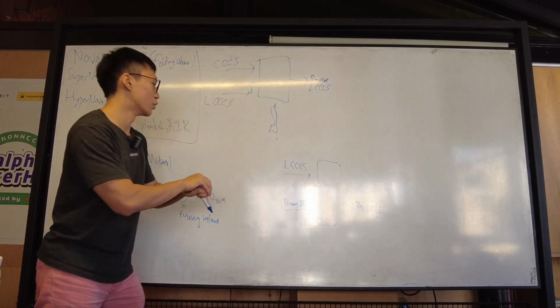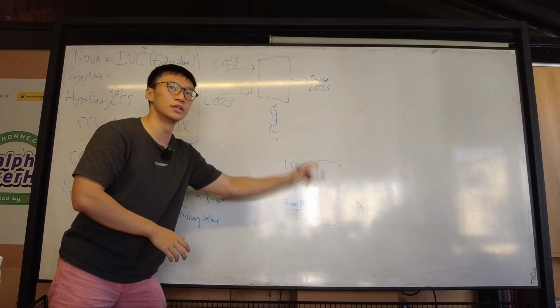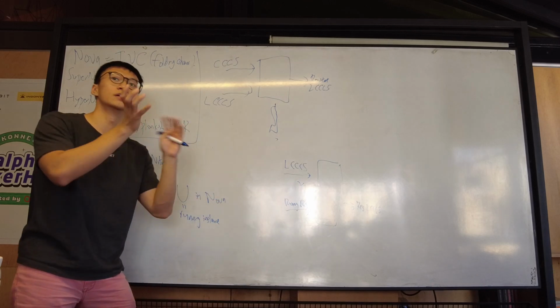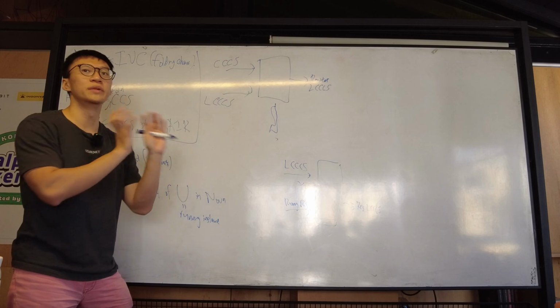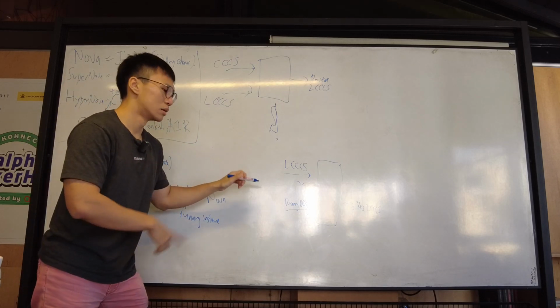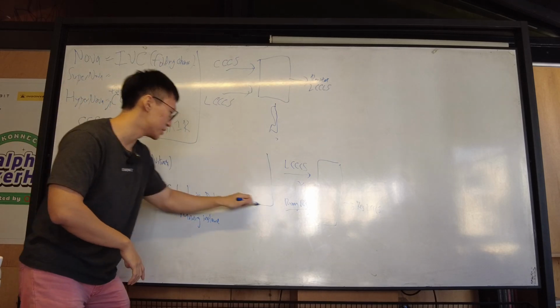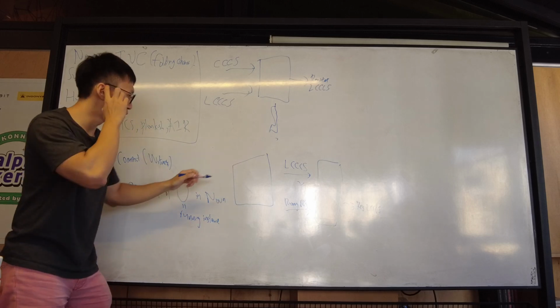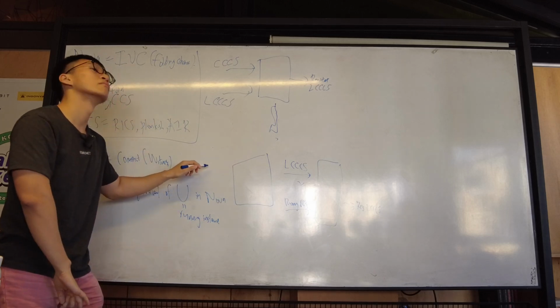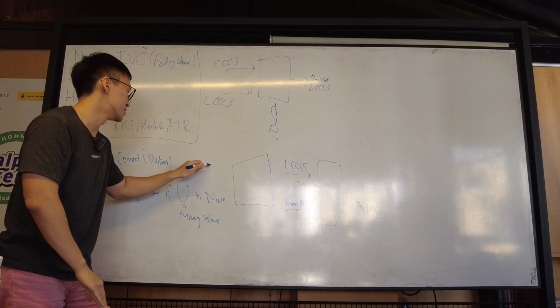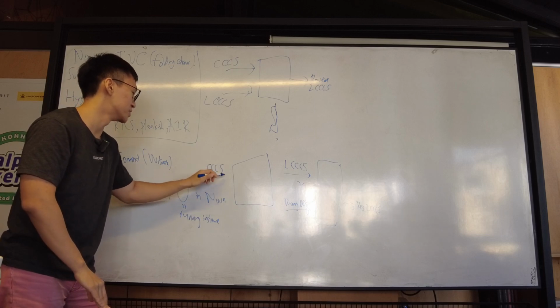Okay, and these two you can fold together easily using the normal linear combination. However, in the steps here, you then need to convert CCCS into LCCS.